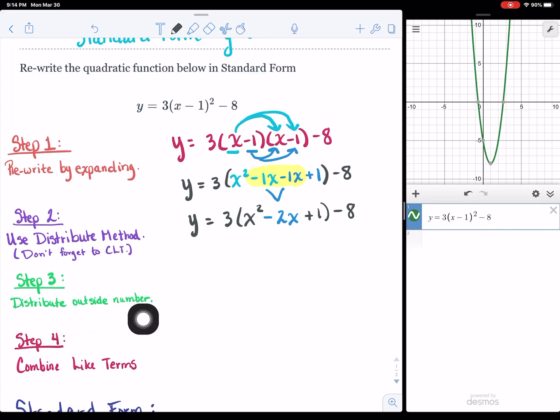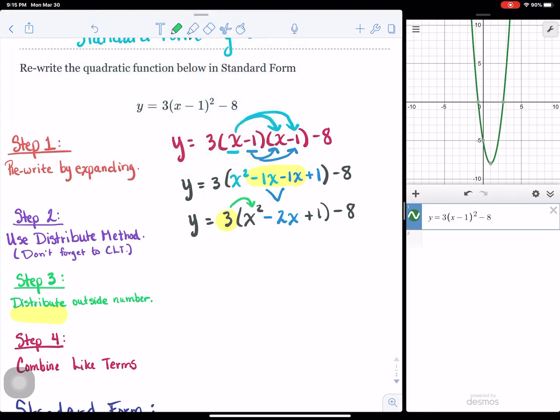The outside number, that 3 outside the parentheses, I'm going to distribute. So I'm going to distribute my 3.